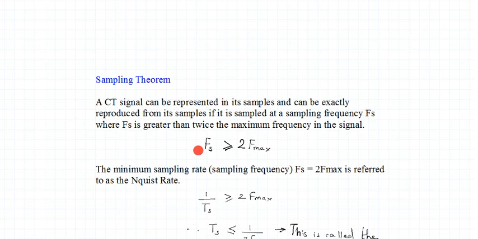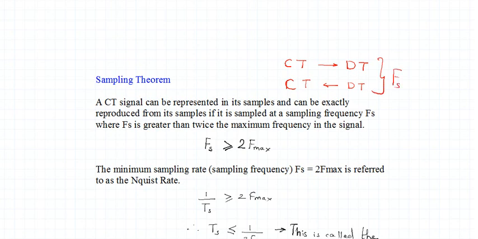So the sampling theorem first says that a CT signal can be transformed into a DT signal by sampling, and you can reproduce it. It means that you can get your CT signal back from the DT signal if we maintain a proper sampling frequency.